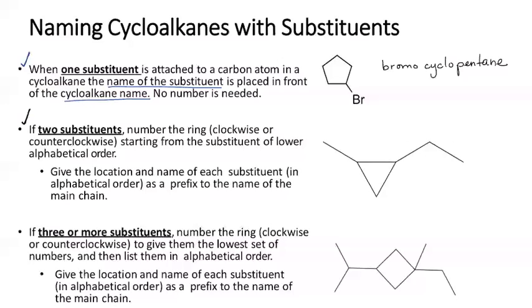And then that carbon that is holding that substituent in the ring is going to be carbon 1. Then you're going to, again, number the rest of the ring, clockwise or counterclockwise, to give location to the other substituents, but you want to make sure that they have the lowest number.